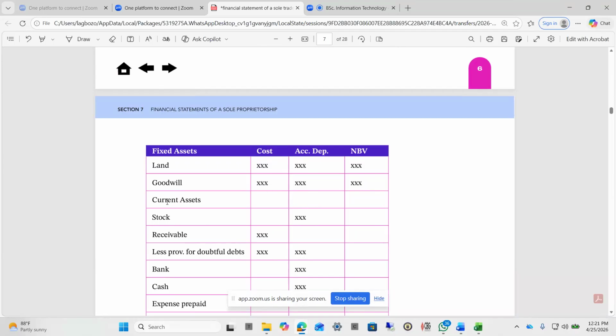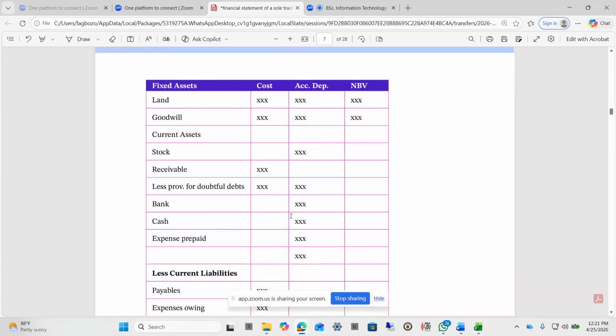Then you see current assets starts with stock and also ends somewhere. If you add the fixed assets plus the current assets, you get total assets.